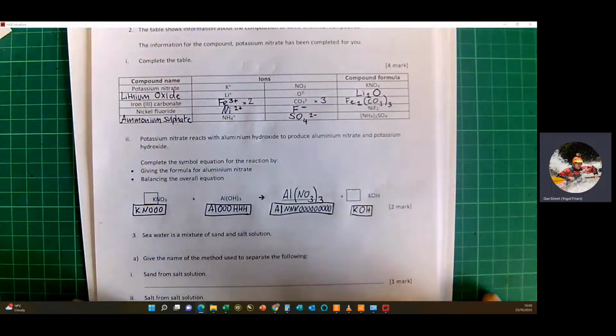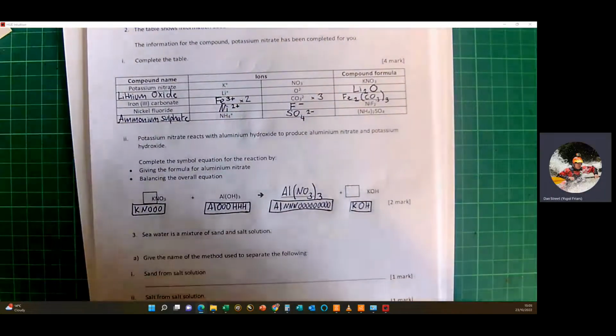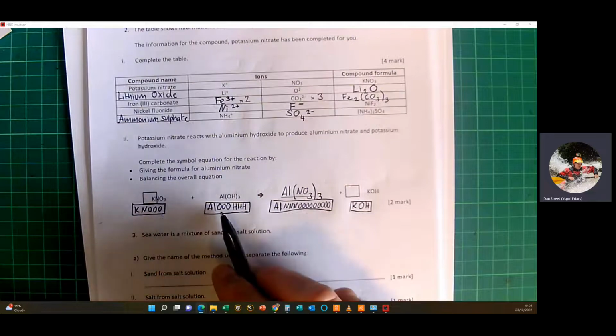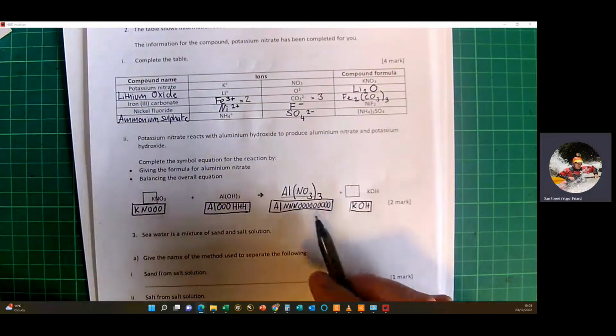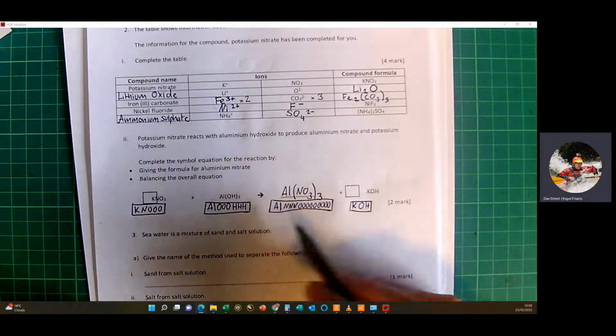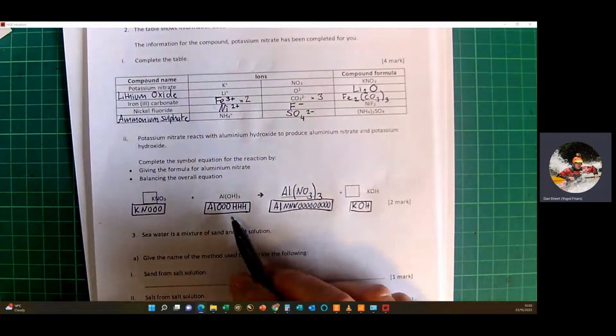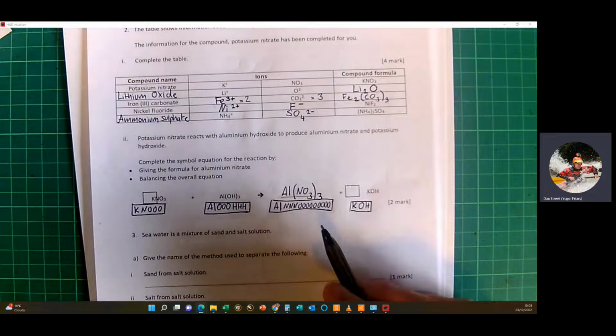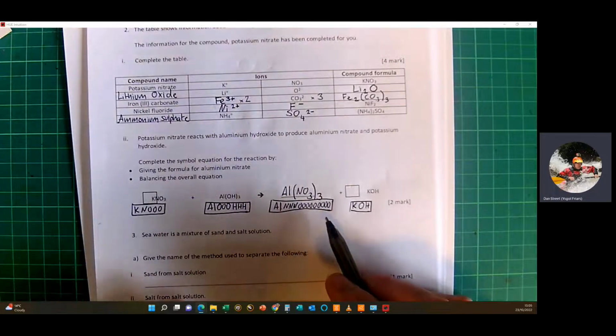So if we have a look, at the moment, we've got 3 oxygens here, plus the 3 there, that's 6. But here we've got 9, 10. Okay, so we've got 6 on this side, and we've got 10 on this side. So we need to consider how can we adjust that, how can we change that so that we end up with the right number.